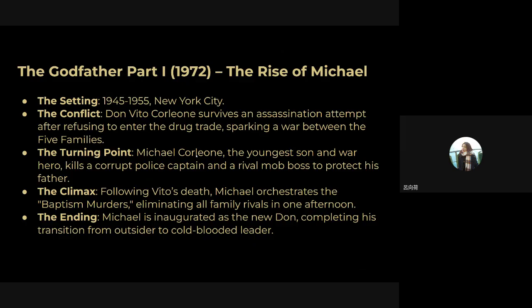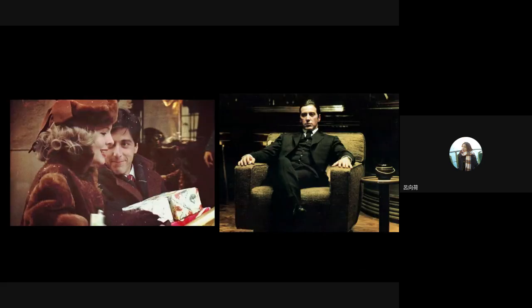He was originally an American soldier, but then becomes the head of the mafia, and the first movie is about how he transformed from a good man into a mafia boss. So here is the introduction about the movie, and the next slide is the picture. Here he was originally a soldier, and then he becomes the head of the gangsters.